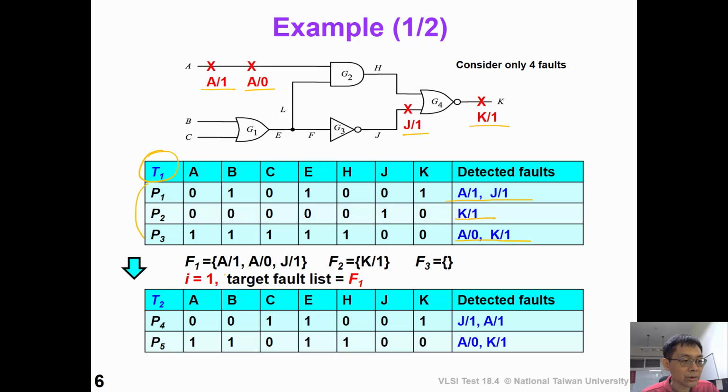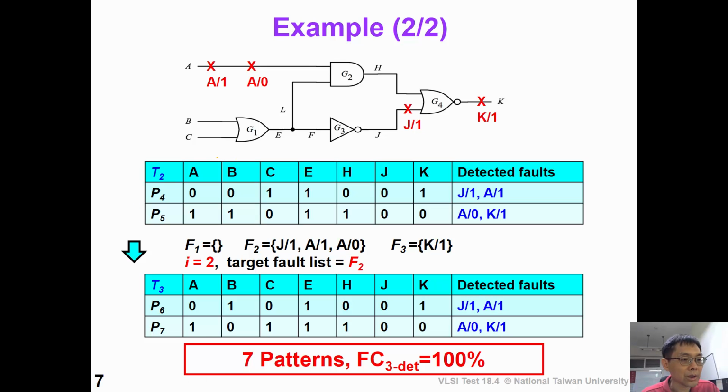After the fault simulation, we know that 3 faults are detected exactly once, and the K stuck-at-1 fault has been detected twice, and F3 is empty. So now in the first iteration, we target fault list F1, which has 3 faults, and we generate 2 more test patterns, P4 and P5. The detected faults are shown in this table.